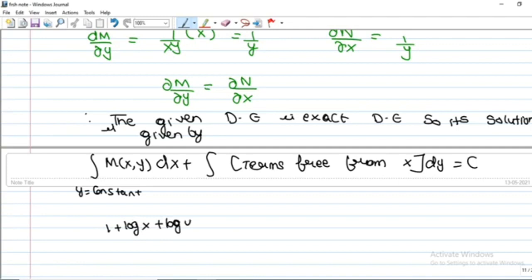So its integration will be easy if I write it in split format.